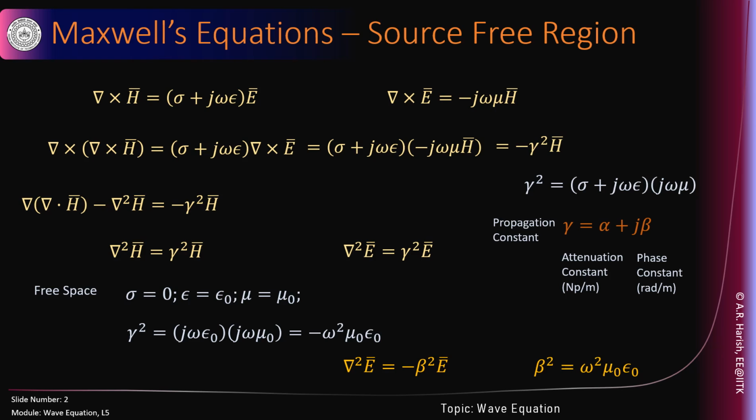This equation del square E equal to gamma square E or del square E equal to minus beta square E, this is known as wave equation because it defines the nature of the wave, the behavior of the electric field in space. Of course, in time we know that it is e to the power of j omega t. We know this result.